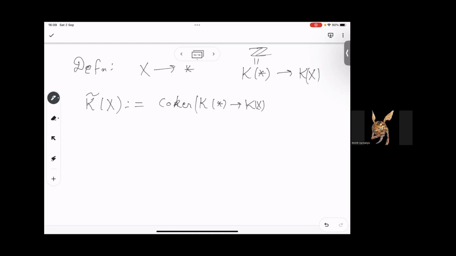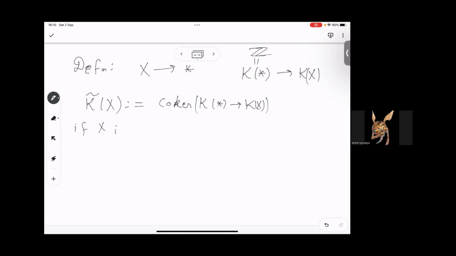So K tilde is defined as the co-kernel. Now let us continue from there. We also define the rank map Kx to Z.